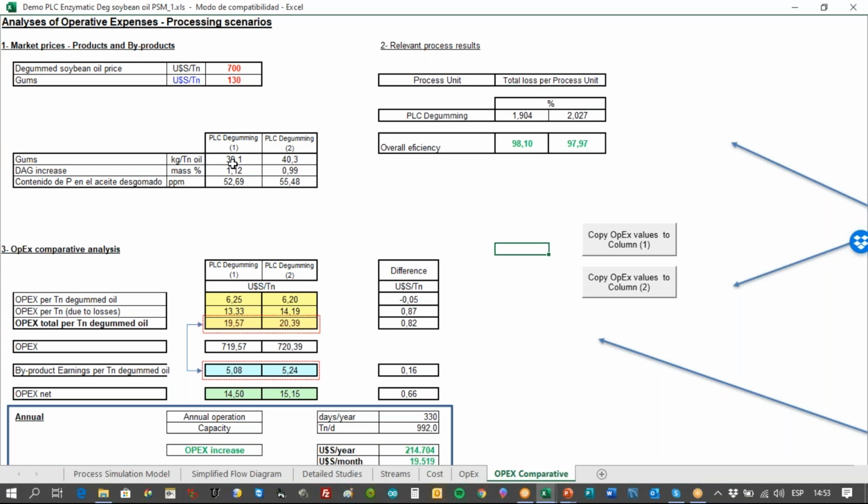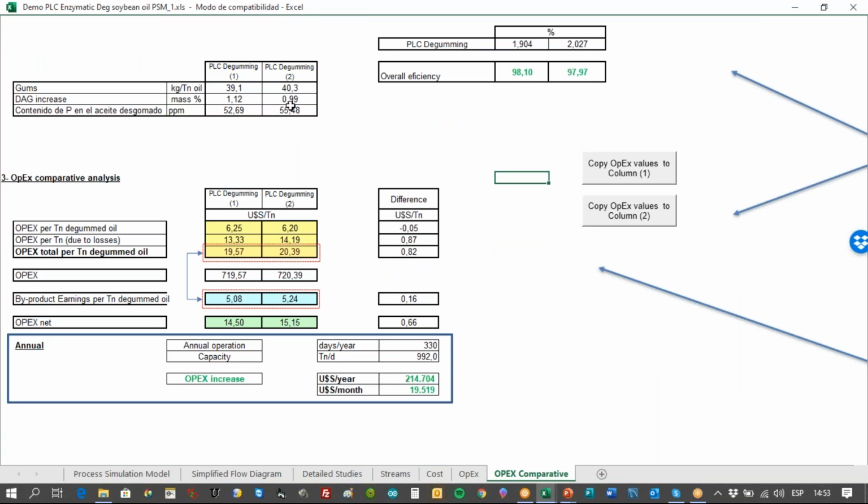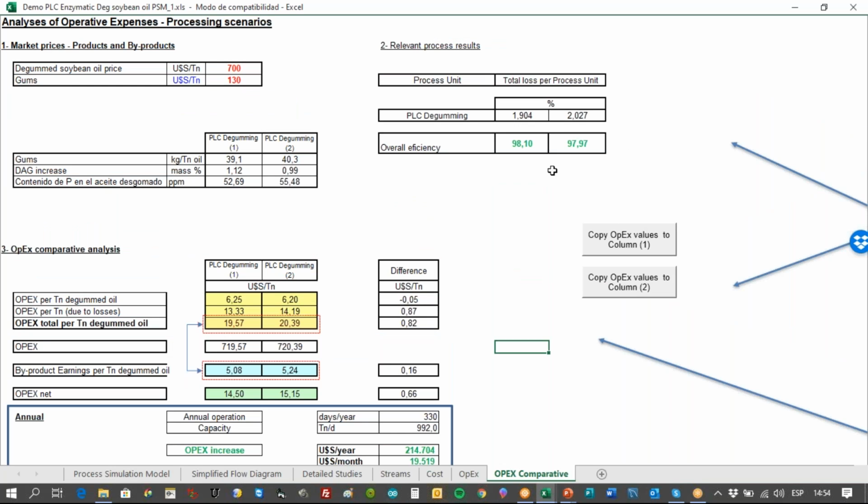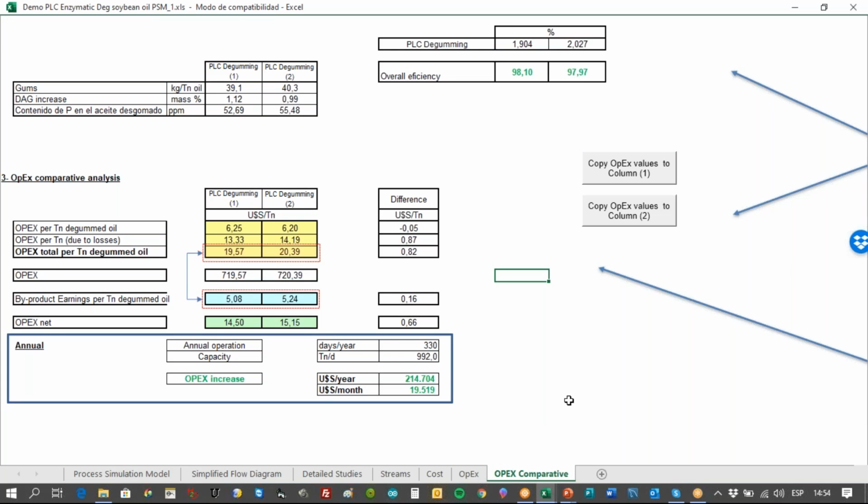We have a little bit more gums produced, since we have a lower action of the enzyme, and this diglyceride that we are not converting remains in the phospholipids. So this means a lower diglyceride conversion, into a lower oil recovery, because we have a lower overall efficiency.